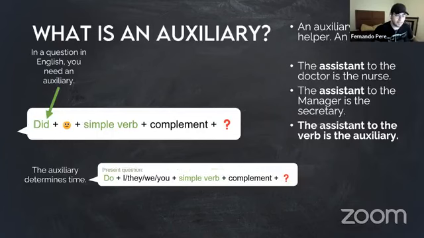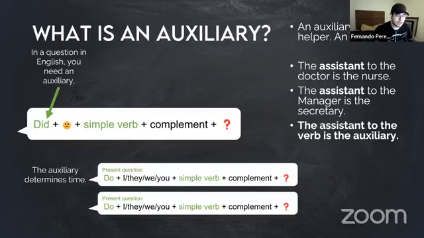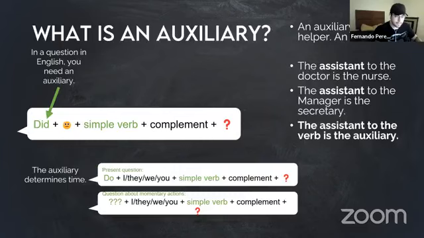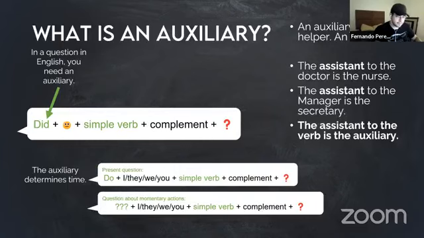But if I want to ask a question about things, momentary actions, what happens in this case?